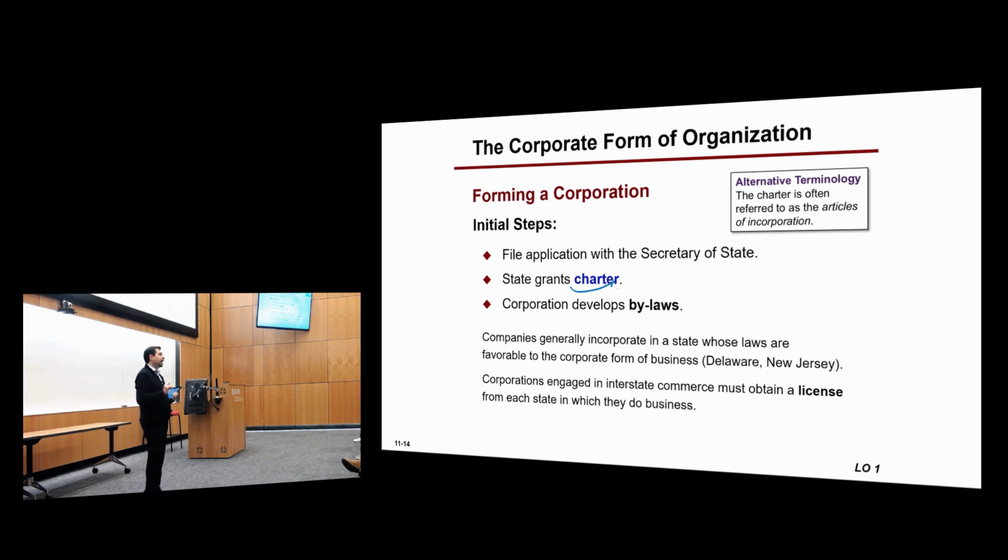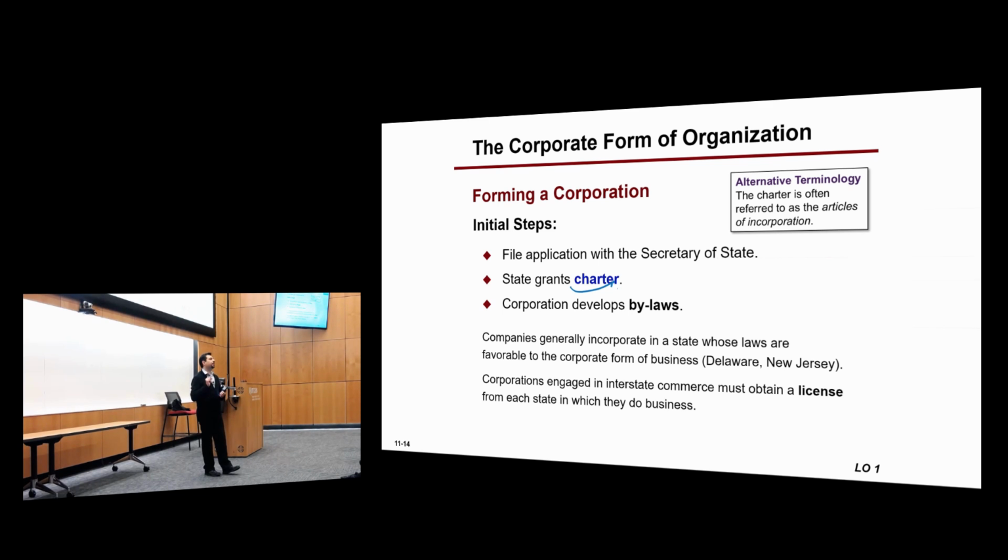Now, every company has to be incorporated in one state. Usually, companies would pick the state where the regulation and laws suit them best. It doesn't have to be where their main line of business is. Okay?